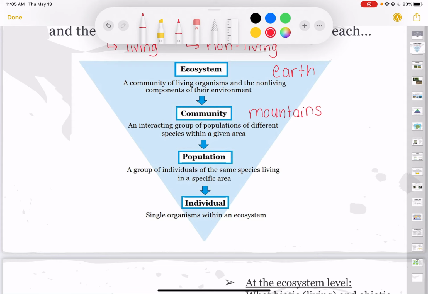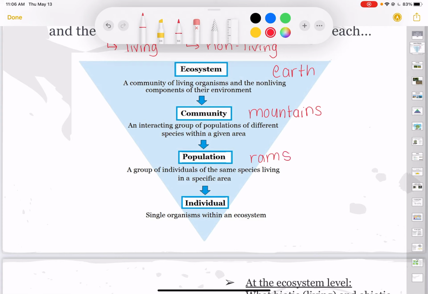Then within the mountains, or in that community, we could have a population. And our population is a group of individuals of the same species living in a specific area. So within the mountains, we might have rams. A ram population might live there, a bunch of rams living in the mountains.